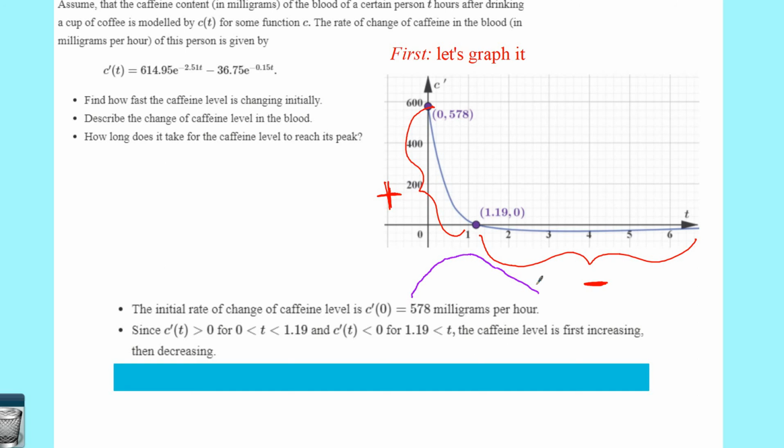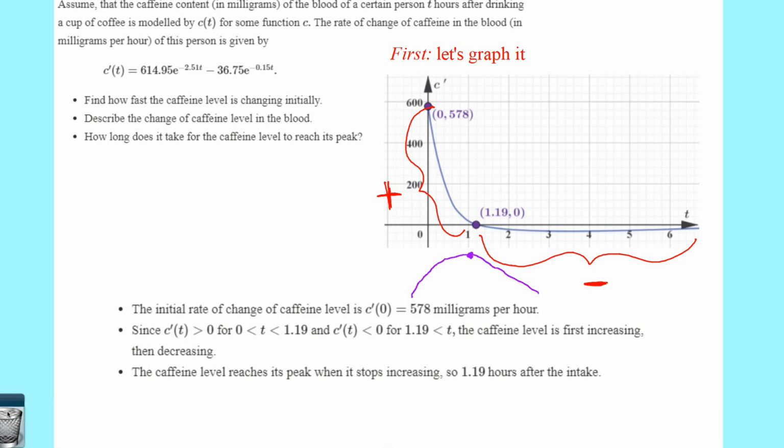Okay, so obviously not the best graph, but you can see that it gets to its high point right here, right before it starts to turn and decrease. And that would be at that 1.19. So it reaches its peak when it stops increasing, so 1.19 hours after the infant. Okay?